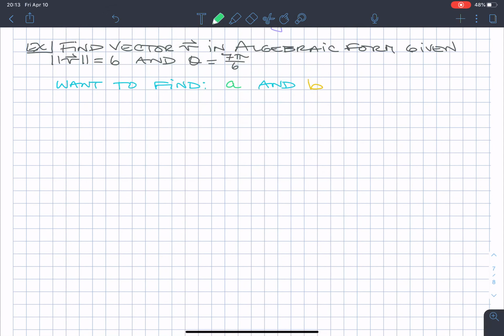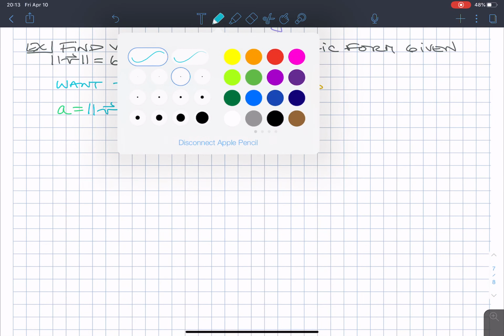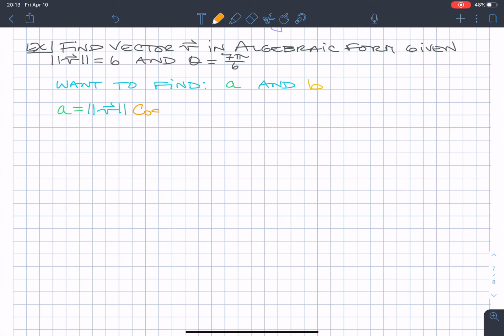So I know that A is going to be the magnitude of the vector v times cosine of the angle theta, because A is the x component. So for us, what does this give us? A is going to be the magnitude, which was given as 6, times cosine of the angle, 7 pi over 6.